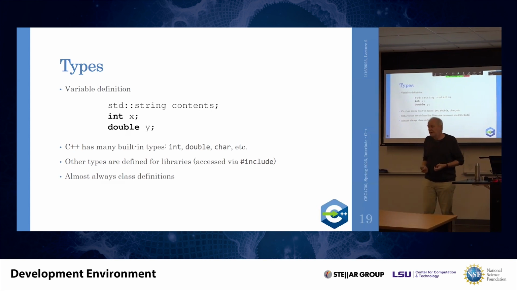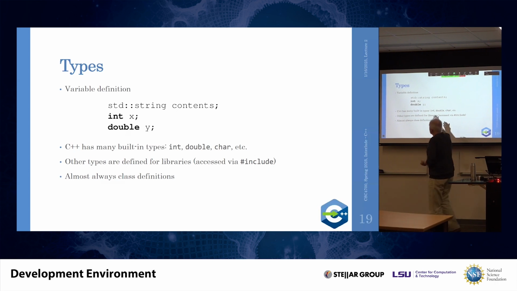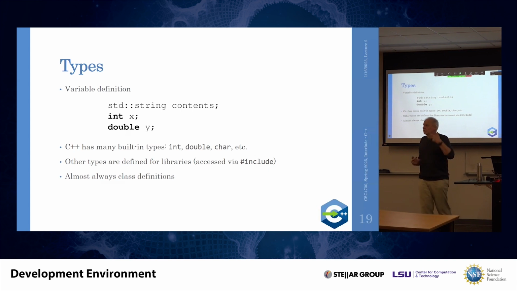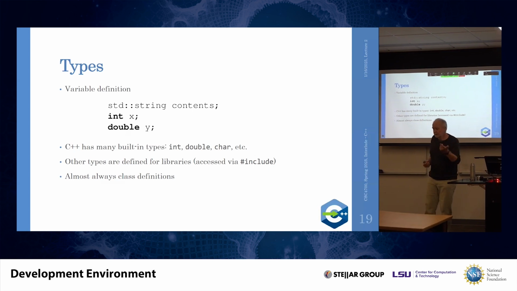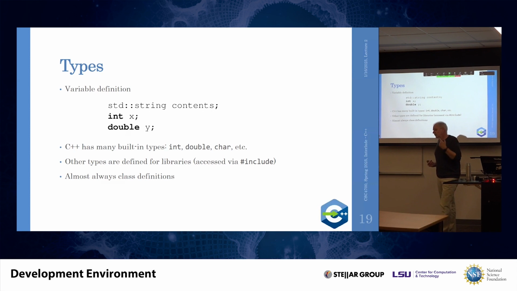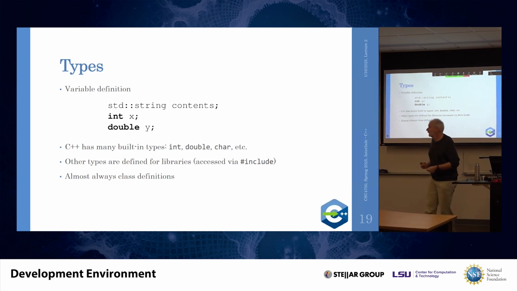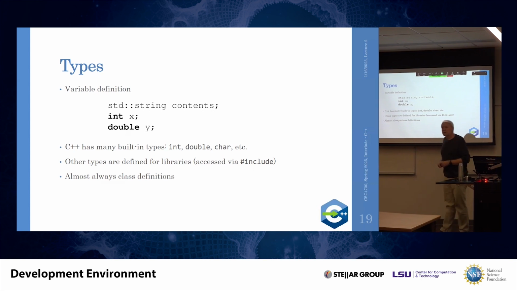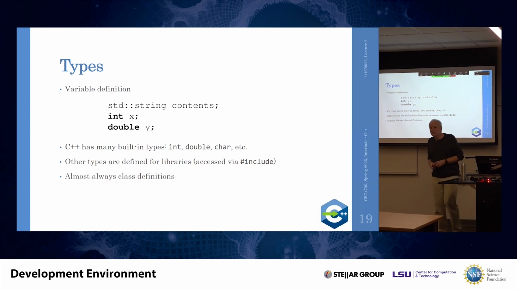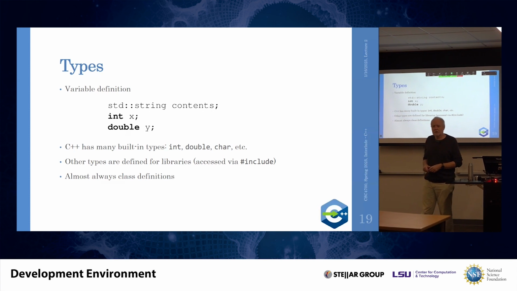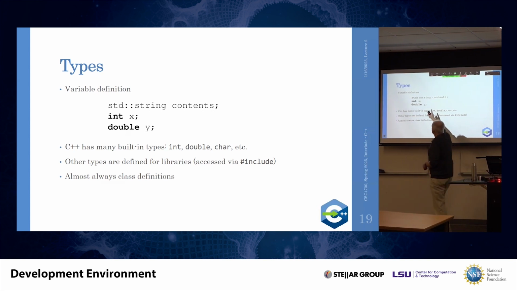In C++, a variable always has a type, and that type doesn't change. So once you define a variable, you define what type it has, and it can't change that type. You can't assign another type to it afterwards. The compiler will not compile the code. It will complain about that. It will tell you, hey, you're trying to assign an integer to a string. Is that what you want? Things like that. Variable definition: type, name of the variable.